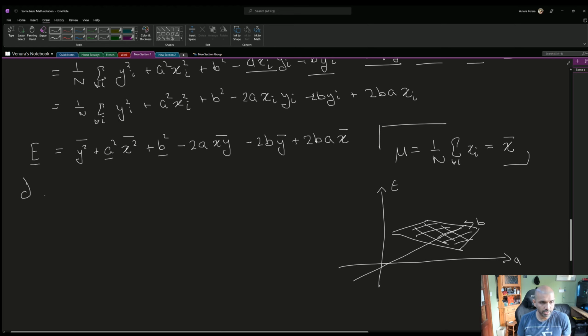The notation for that is a partial d, right? So we're going to have partial E by partial a, and what that's saying is we want to know how a single change in a is going to impact our E. And same here, we're going to do this for b. We're going to have partial E by partial b. We're looking for how a single change in our b is going to impact our E.